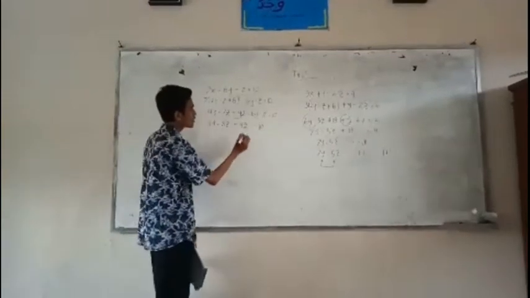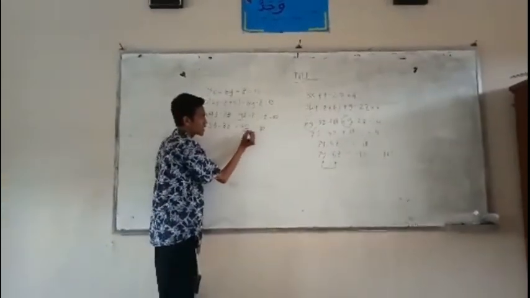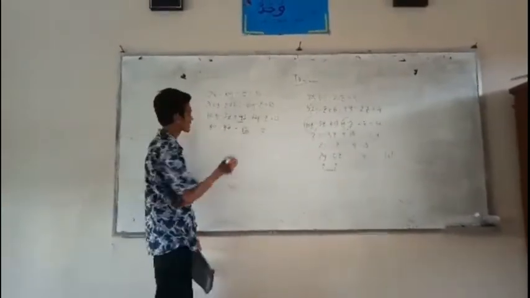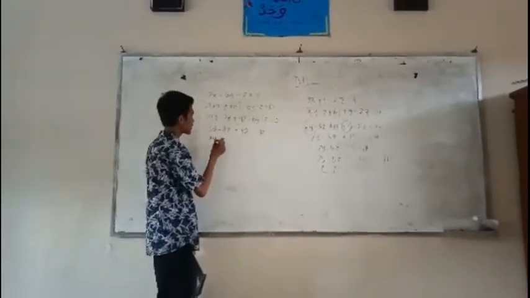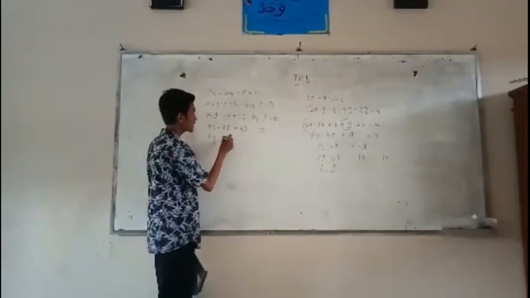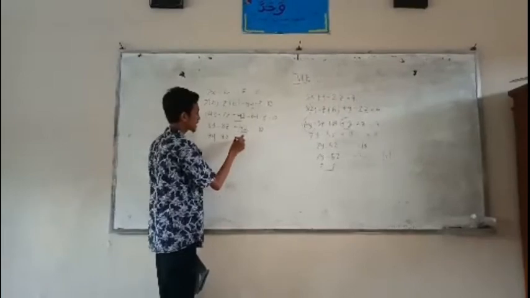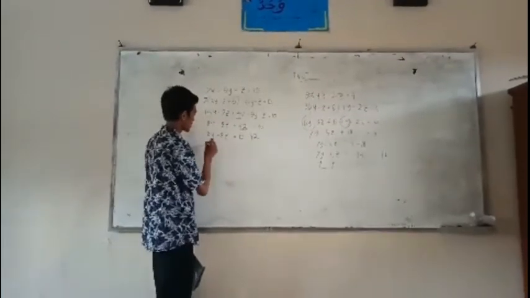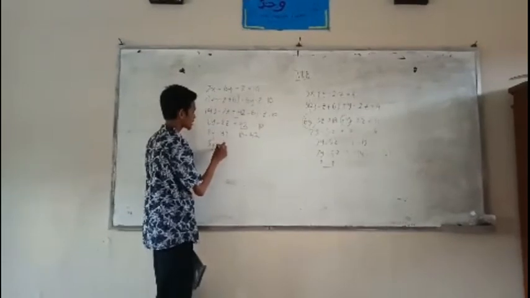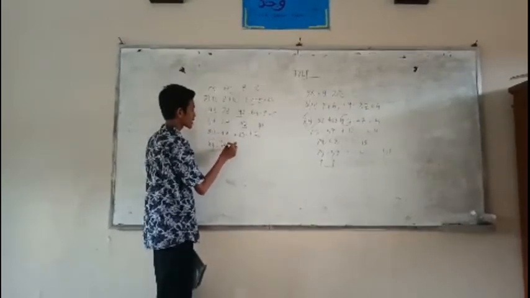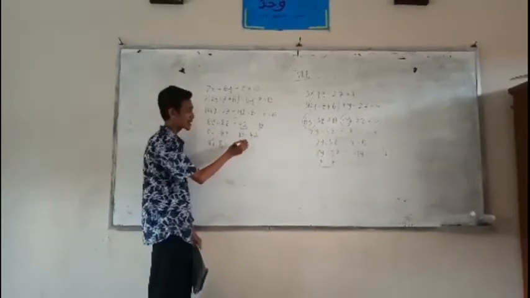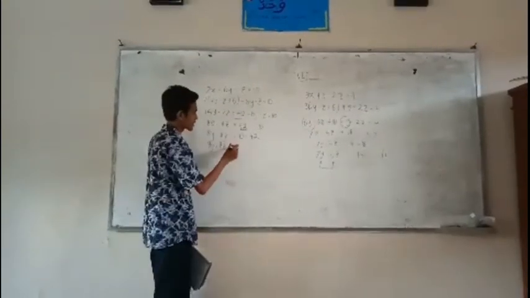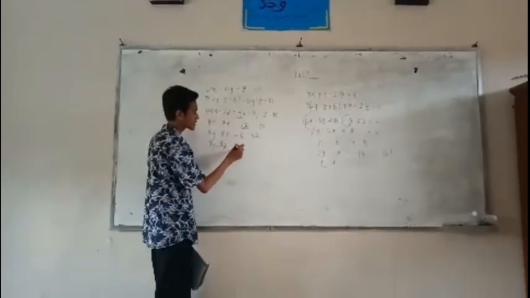Now, move 42 to the right side. So we get 8y minus 8z equals 10 minus 42, which is negative 32.